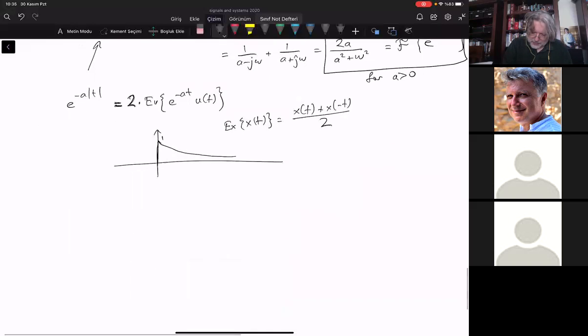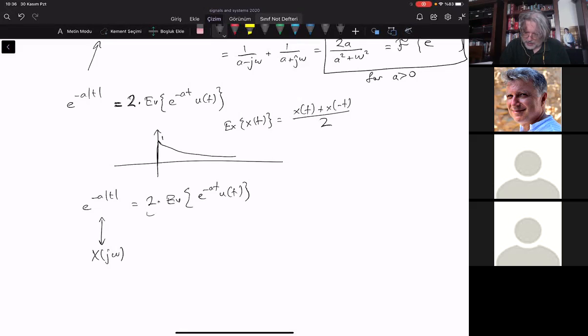So if e to the minus a absolute value of t is twice the even part of this, let me write it again, then the Fourier transform of it, let's say x of j omega, must be equal to twice the real part of the Fourier transform of e to the minus a t u of t.